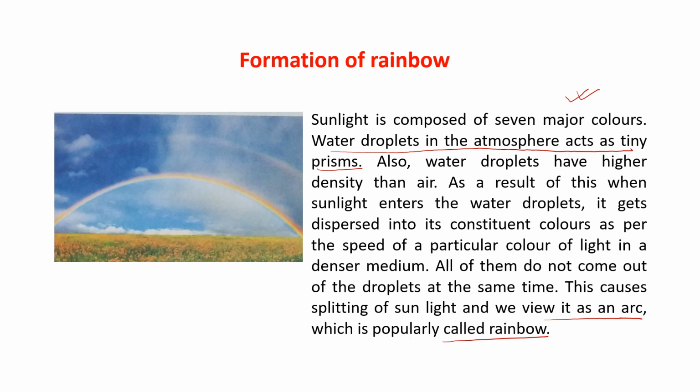Each particular color of light has a particular speed. All of them do not come out of the water droplets at the same time. It enters the water droplets and then comes out again, so they are not coming out at the same time. This causes the splitting of sunlight and we view it as an arc. That is known as rainbow.